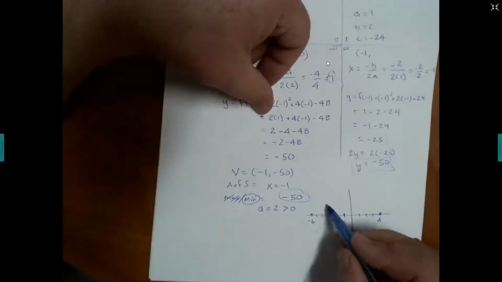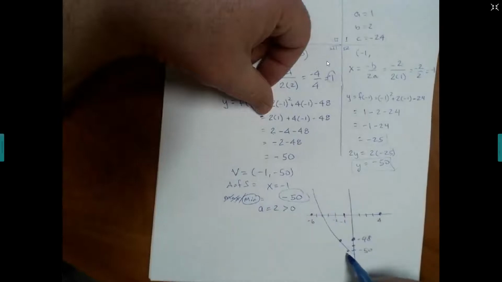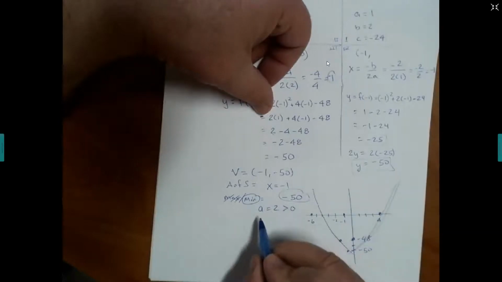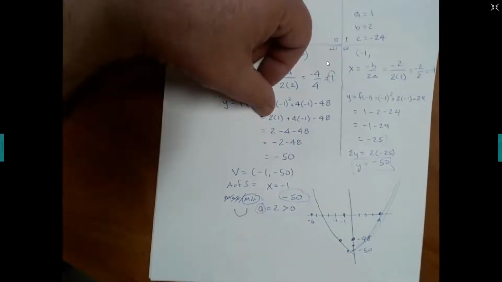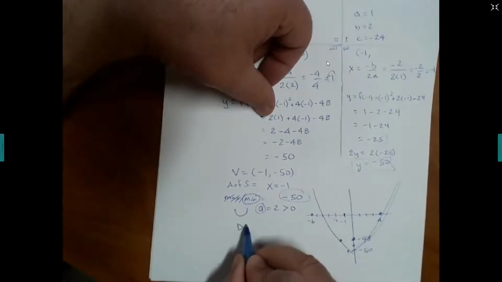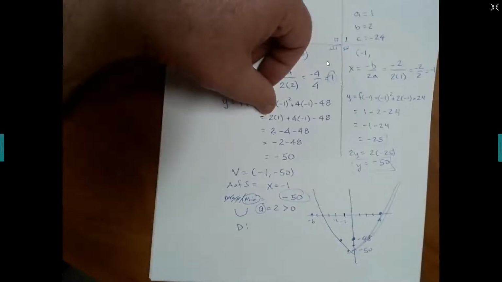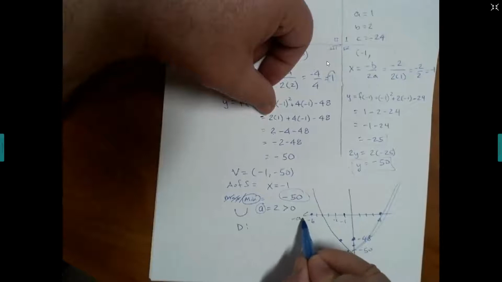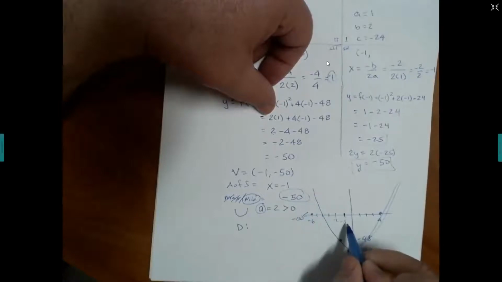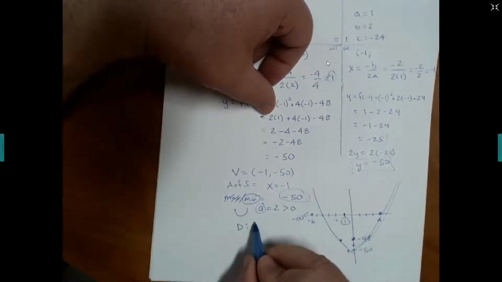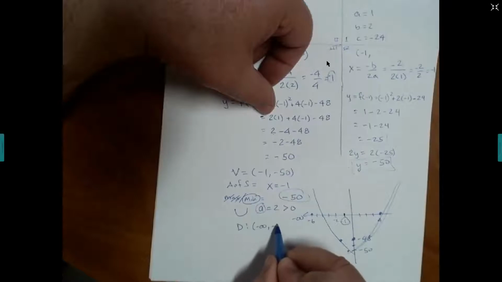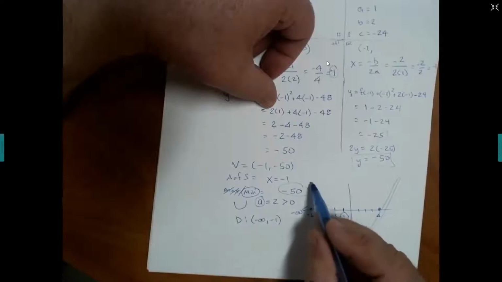Since we know our graph opens upwards, we have a minimum, because our coefficient is positive. So our interval of decreasing is from where? The graph is decreasing from -infinity to -1, because it's going down.